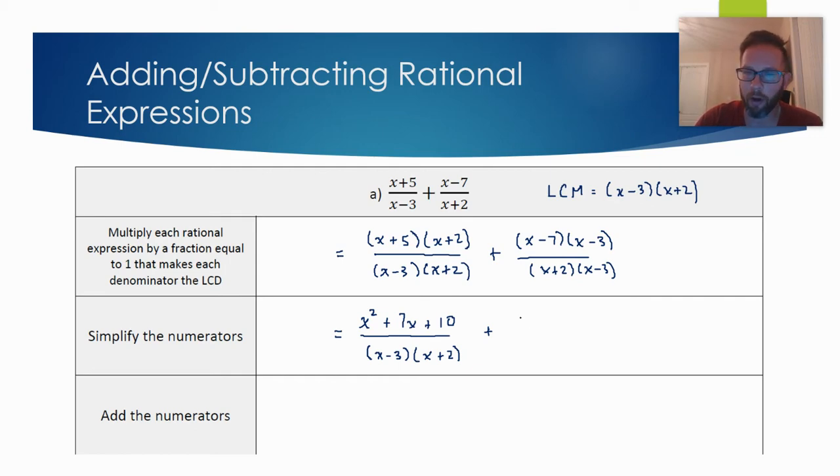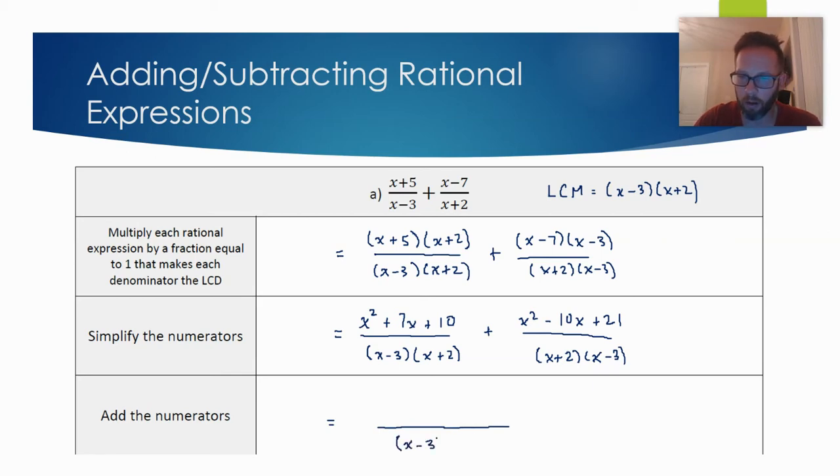Let's simplify the numerator on the other one. x squared, negative 7x and minus 3x, negative 10x, and then plus 21, over x plus 2 times x minus 3. And then finally, we add the numerators together. And on the bottom, remember, those are like denominators.